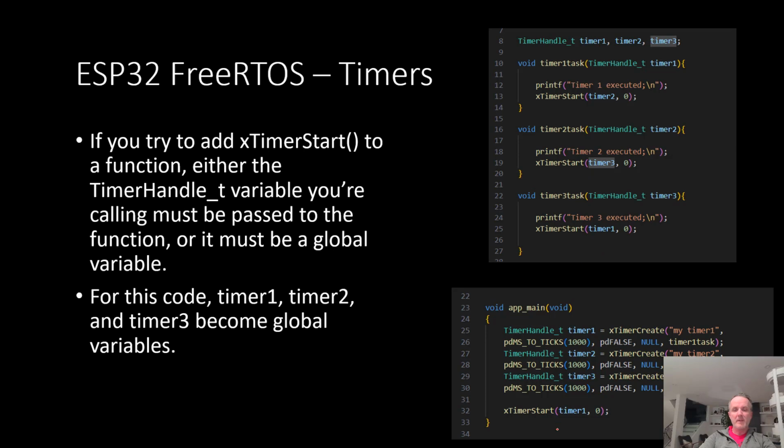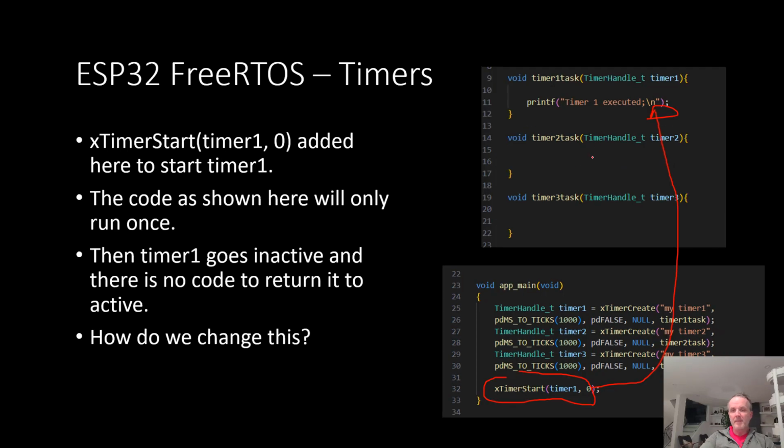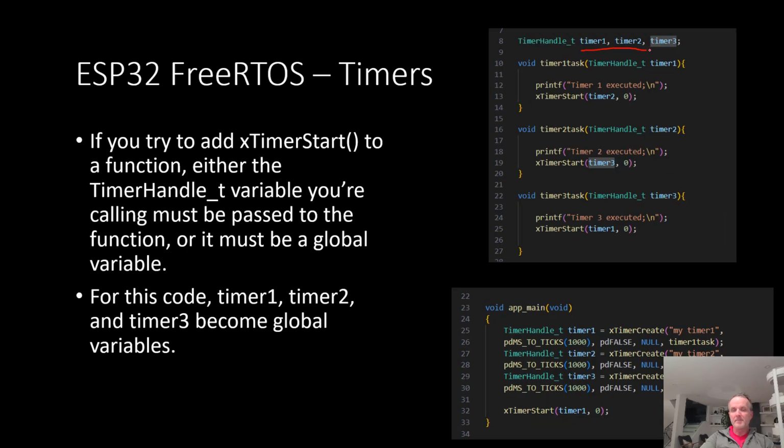So here we have timer 1. If you try to add xTimerStart to the function, either a TimerHandle_t variable you're calling must be passed to the function or must be a global variable. And for this code, timer 1, 2, 3 become global variables. There they are right there.